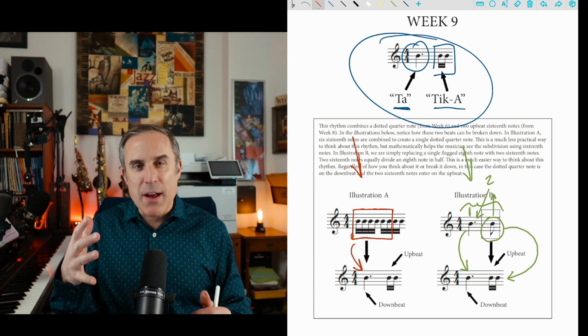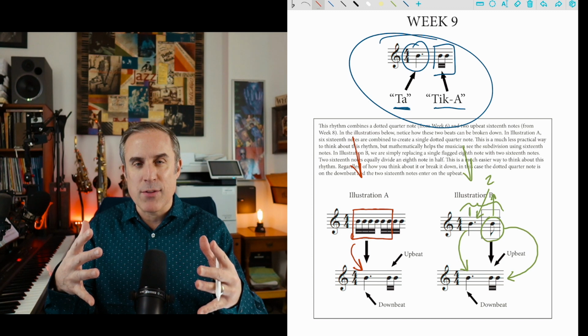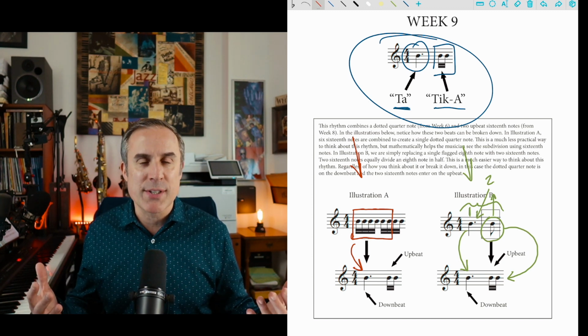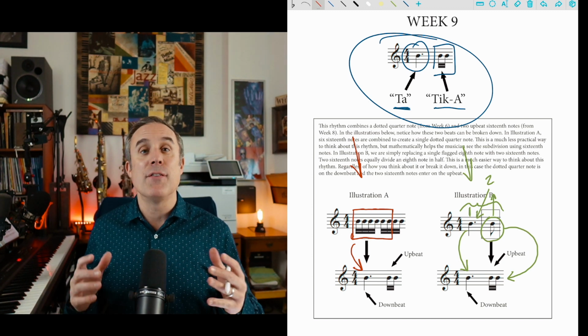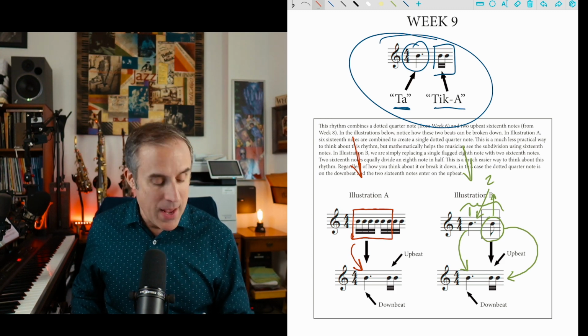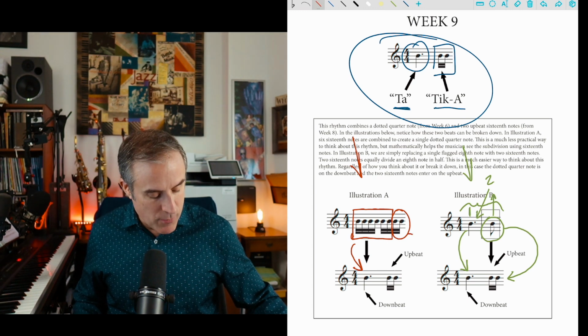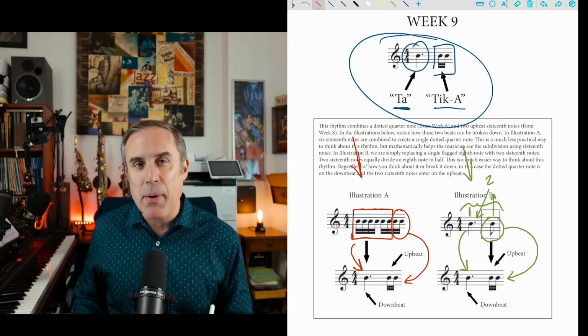Well, if we broke down that quarter note and that eighth note, 4 16th notes, 2 16th notes, 4 plus 2 equals 6. That's where I got the box of 6 16th notes to create one dotted quarter note. And then these last two remaining 16th notes just come right down into our musical pattern.